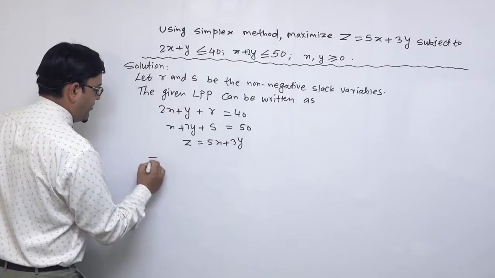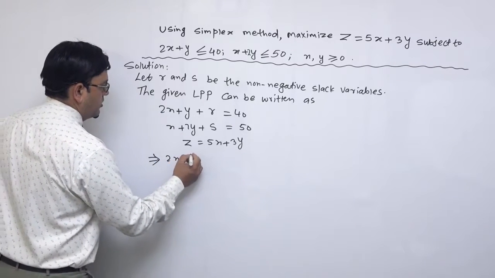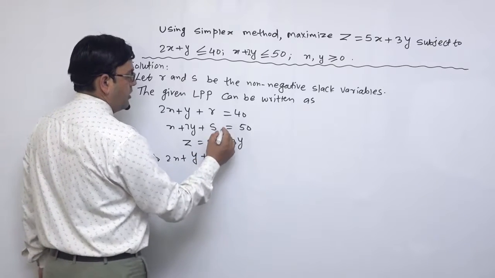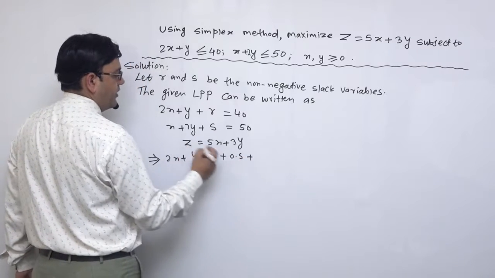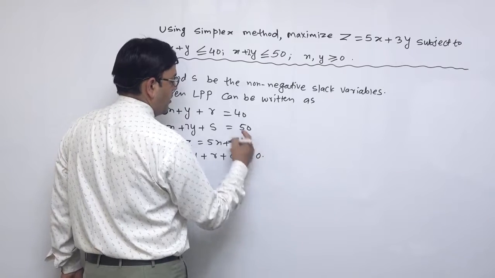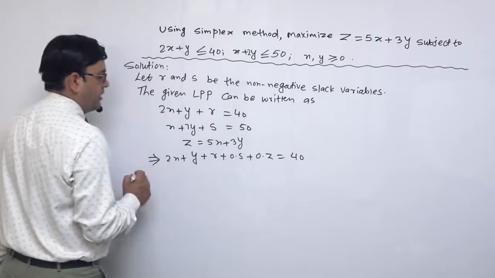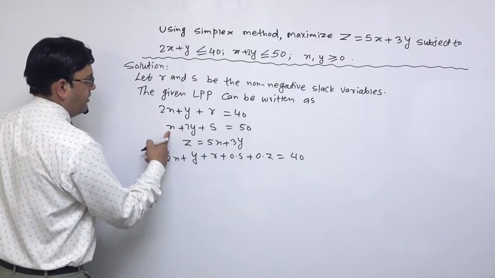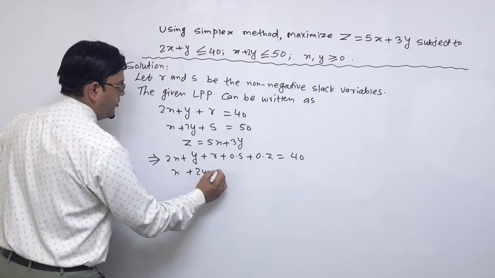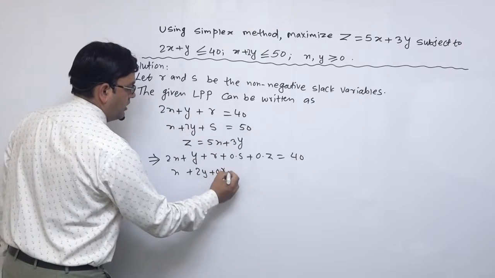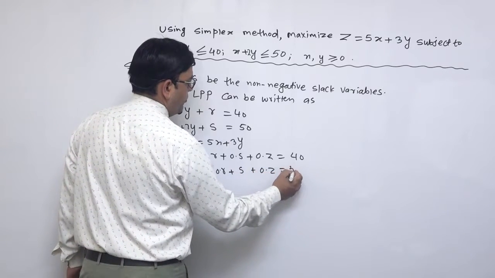We write this as 2x plus y plus r plus 0 times s, and no z here in this first equation, so 0 times z equals 40. The next one: x plus 2y plus 0 r, no r in this second equation, plus s, and no z, so 0 z equals 50.